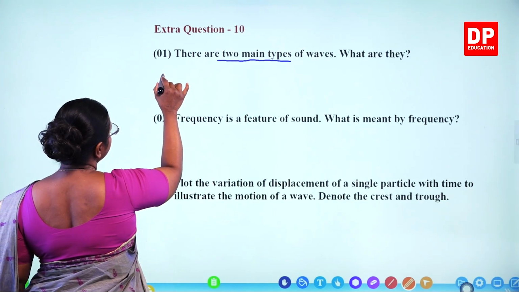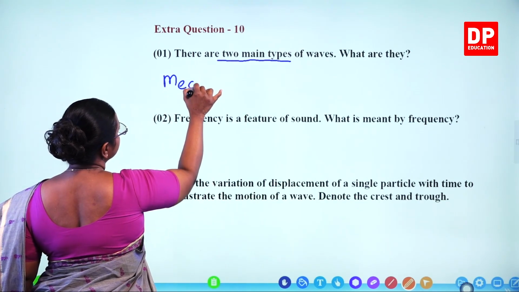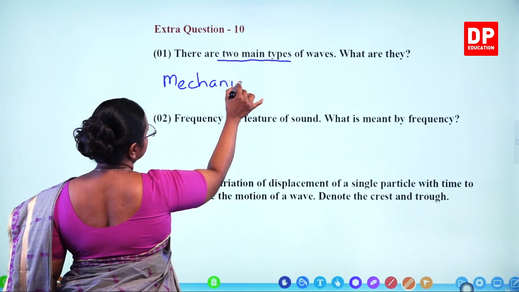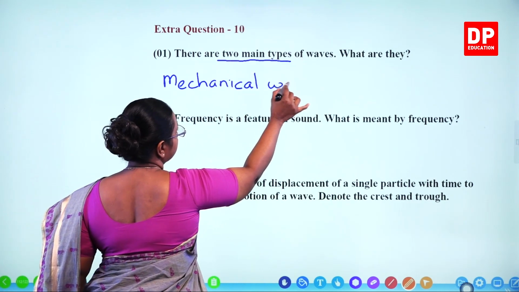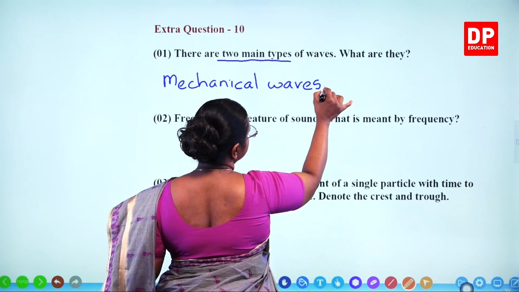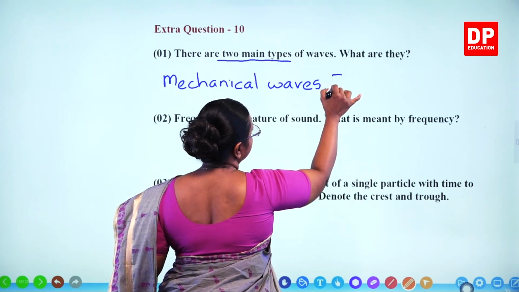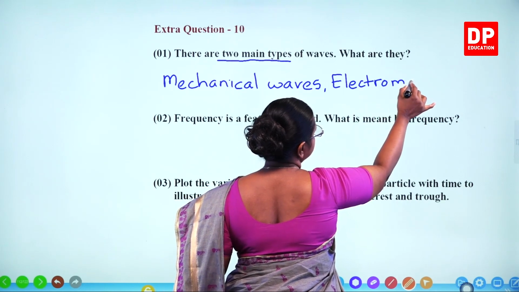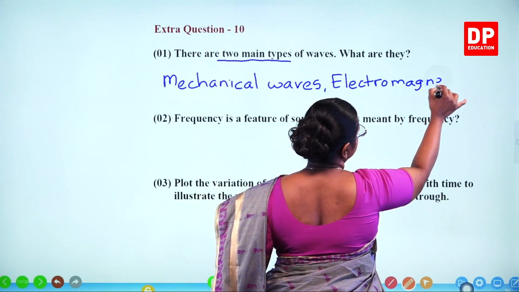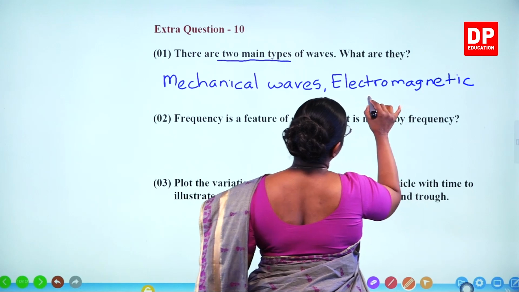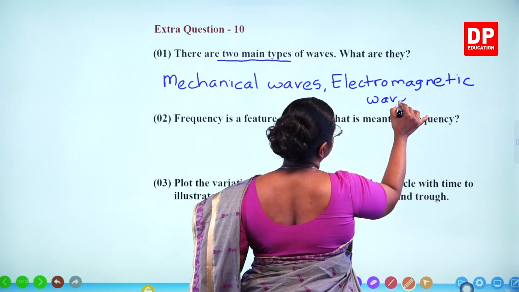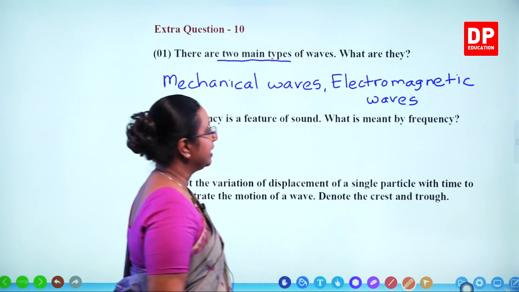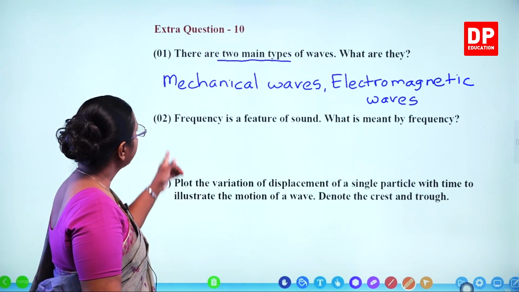So we can say mechanical waves and electromagnetic waves. The two main types of waves.